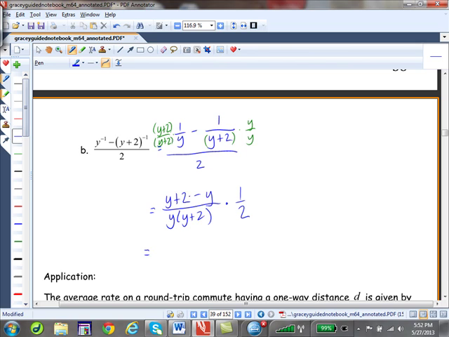So the y's will zero out, it looks like.